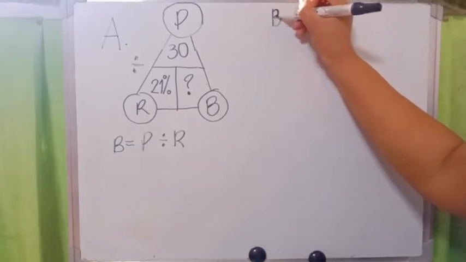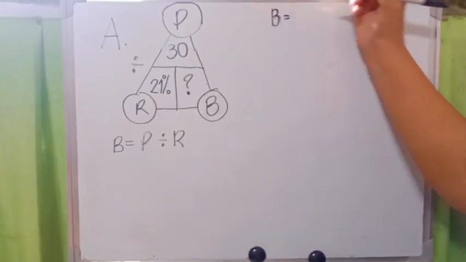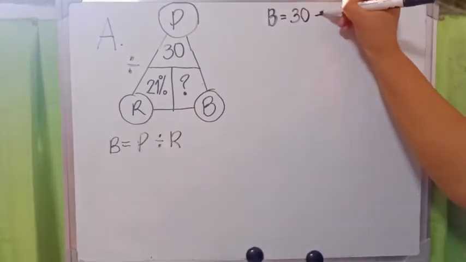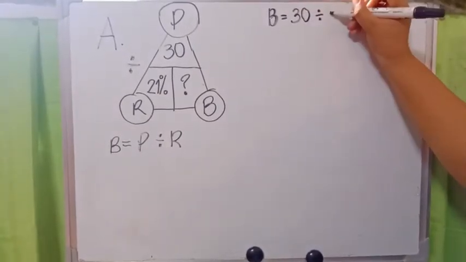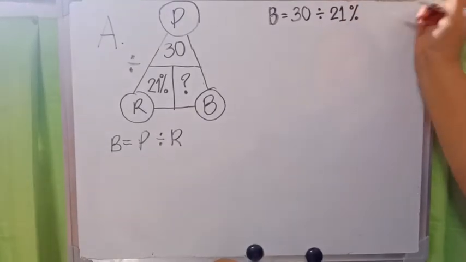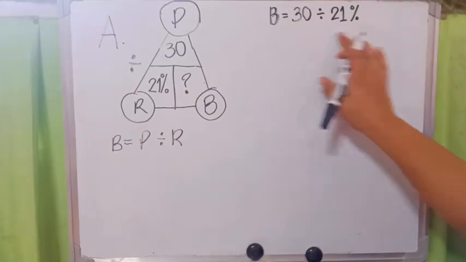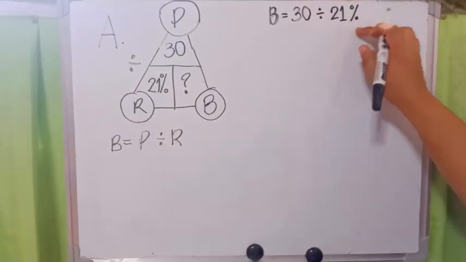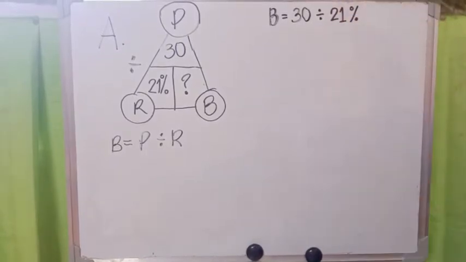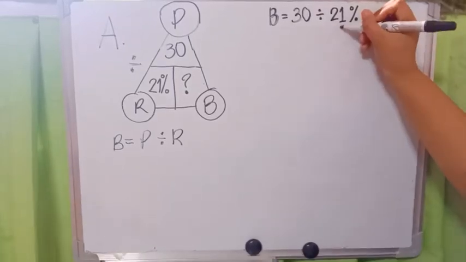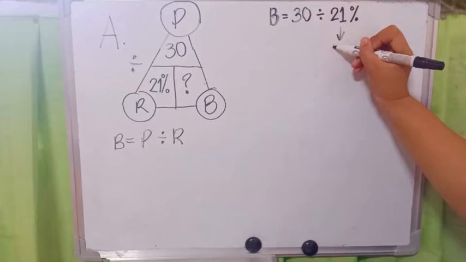So it means that to find out our base of letter A, we need to have 30 divided by 21%. Can we divide directly? No, because 21 still has a percent symbol. So we need to convert this into a fraction.